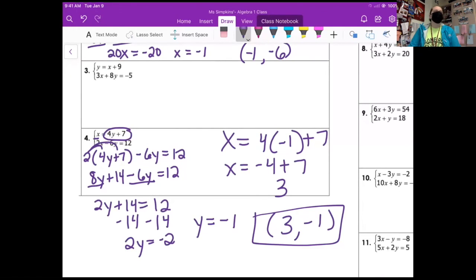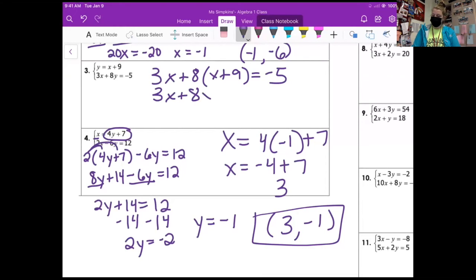So you should have substituted x plus 9 in for y, and then got 3x plus 8x plus 72 equals -5. And then 11x plus 72 equals -5.